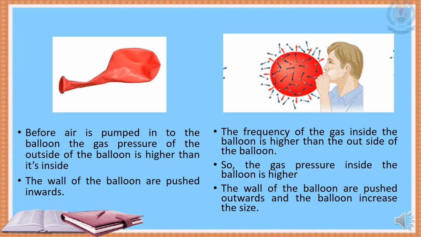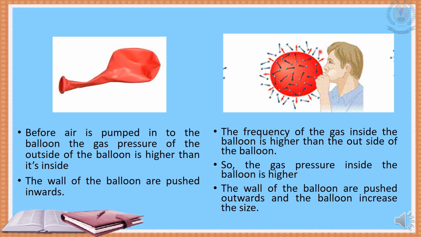Why? Lots of particles are colliding with each other, as well as colliding on the wall of the balloon. So the pressure from the balloon to the outside will be high. Therefore, the wall of the balloon is pushed outwards. Why? The gas pressure outside is less than inside.